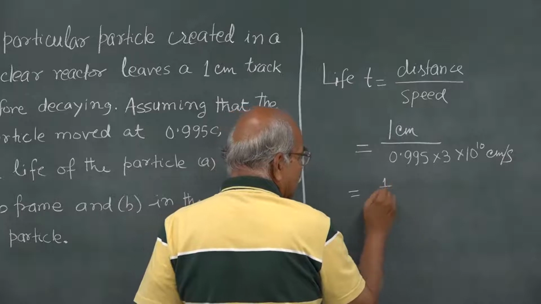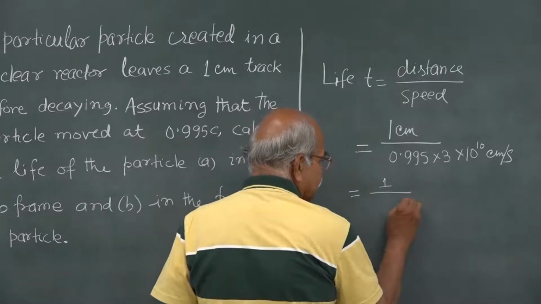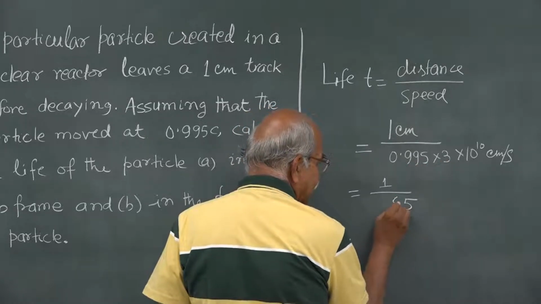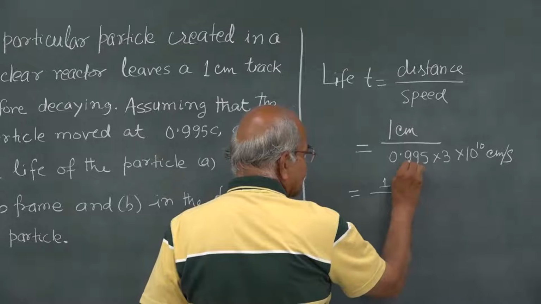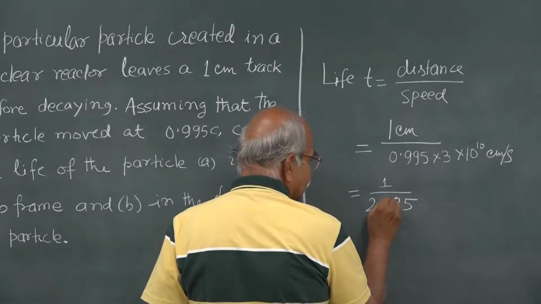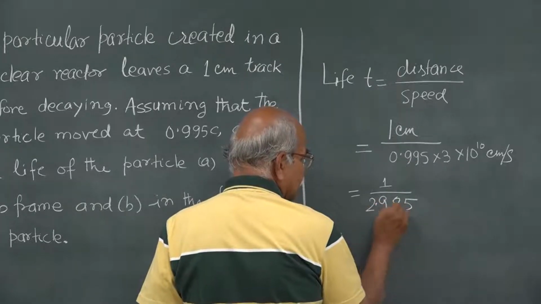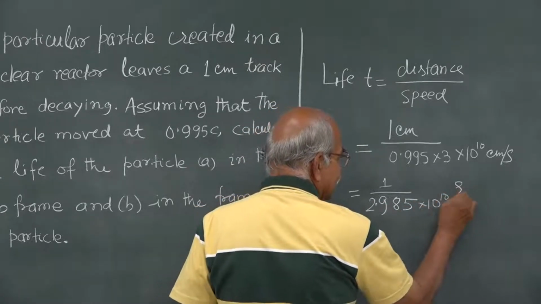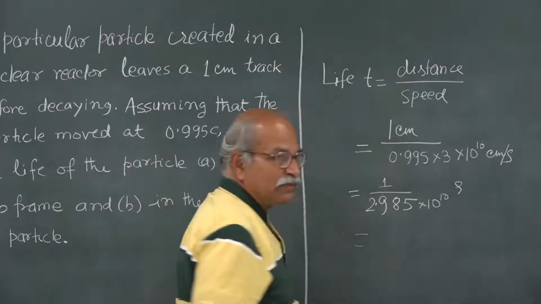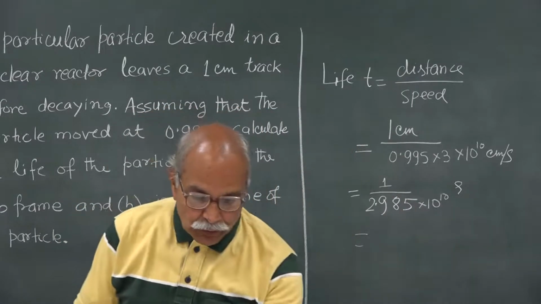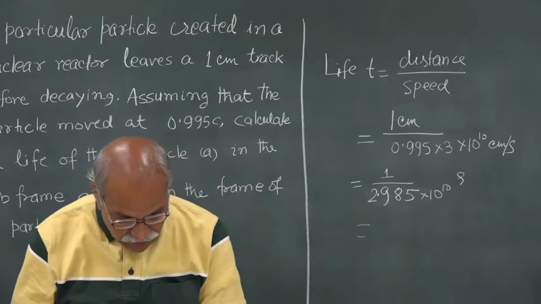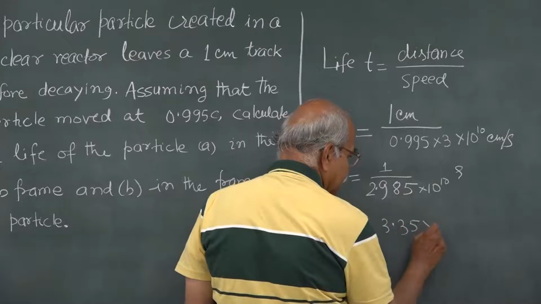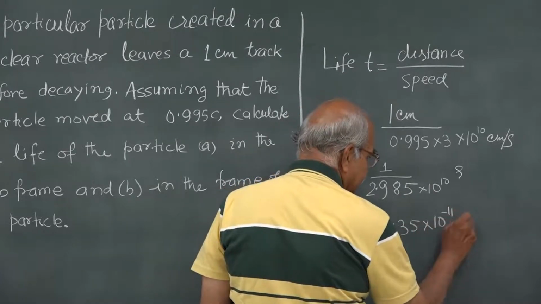So, it is 1 divided by 3 into 0.995, into 10 power 10, these many seconds. You can work out how much it is. If you do it, the answer is 3.35 into 10 power minus 11 second.